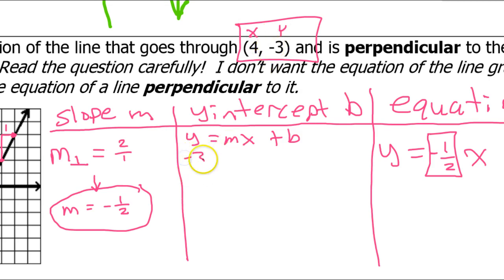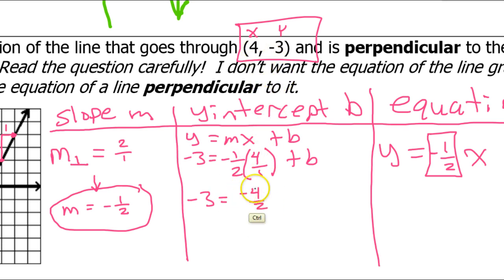So that's going to be negative 3 is equal to. Now the slope is negative 1/2. Okay, and the x is 4 plus b. And this is like 4 over 1. So this is going to give me negative 3 is equal to negative 4 over 2, just multiplying straight across, plus b, which means that negative 3 is equal to negative 2 plus b.